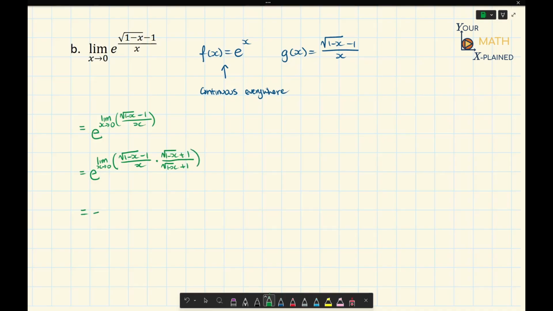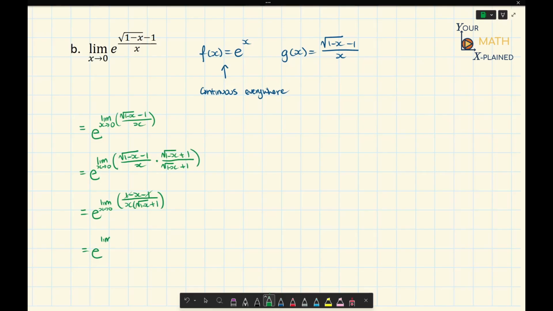Now doing some simplification, our numerator is going to be 1 minus x minus 1. And then our denominator is going to be x times the square root of 1 minus x plus 1. The 1 gets canceled out, and then the x gets canceled out from the top and the bottom.